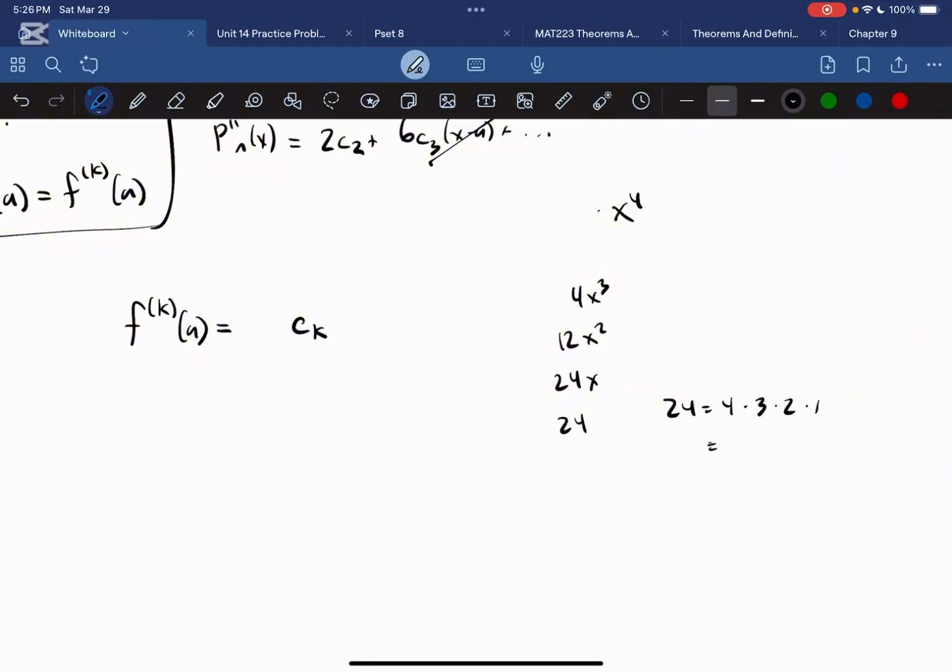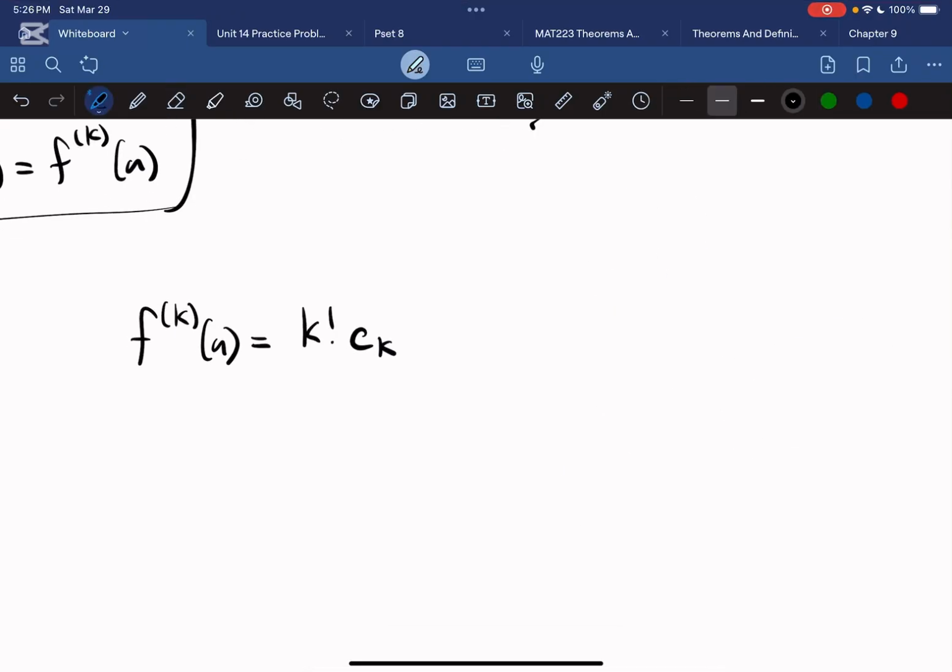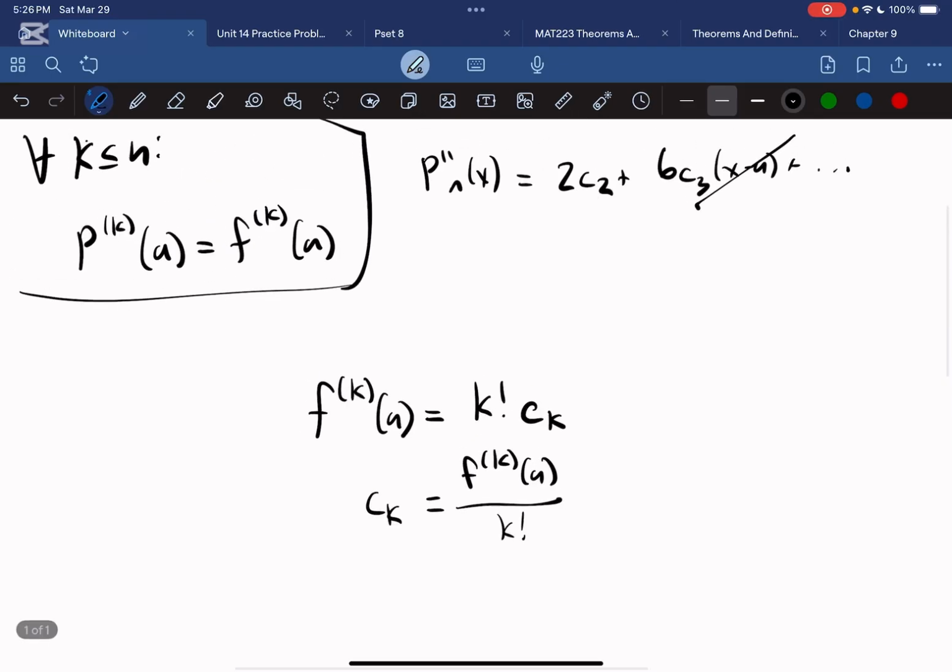And this is equal to 4 factorial. So we see that we can actually write k factorial in front of this. And now we get a term for c: ck is equal to f^(k) at a over k factorial, right?